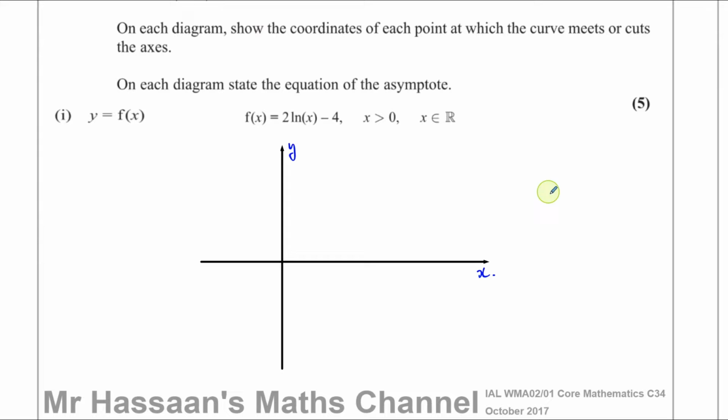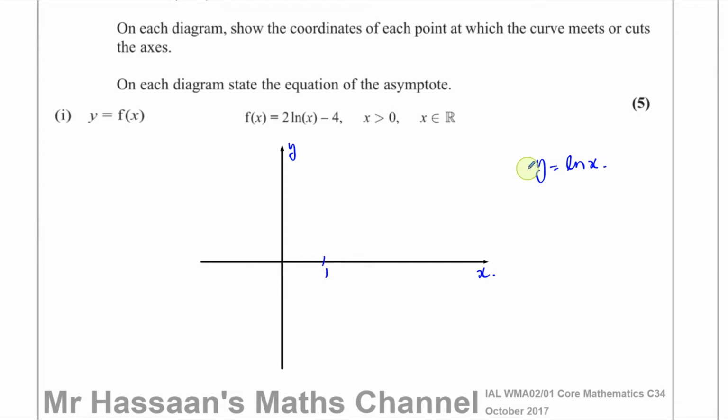Now, if we were to draw, for example, y equals just ln x on its own, the graph of y equals ln x is the inverse of y equals e to the power of x. So it has a range which is infinite, but its domain is only for x values greater than 0, and it goes through the point (1, 0).